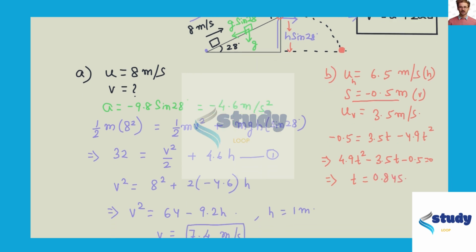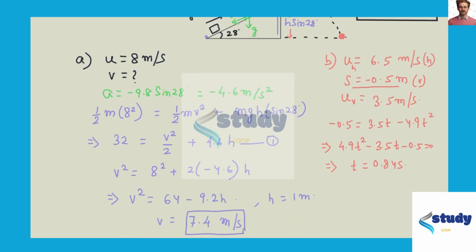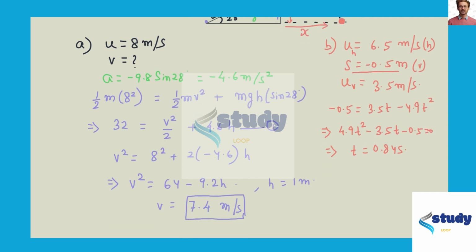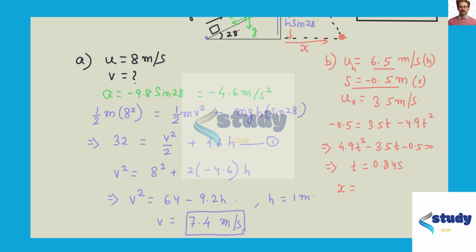In the horizontal direction, the distance it would travel can be computed with the same kinematic equation. Let's say that distance is x, so it equals u times t, the initial horizontal velocity times t. Multiplying 6.5 with 0.84, we get approximately 5.5 meters, and that's the answer.